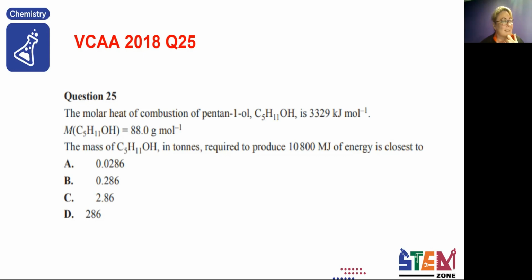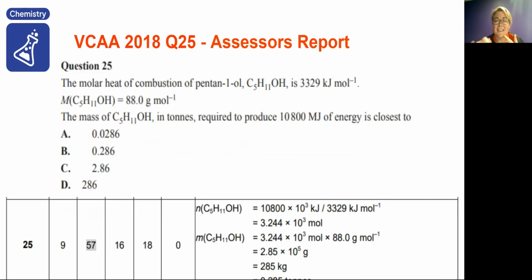All right, so let's have a look at the answers. So down here, we have 10,800 times 10 to the 3 kilojoules, because this is in megajoules. Remember, you need to be able to convert your units really easily. So we can make that value, megajoules into kilojoules, divided by 3,329 kilojoules, because that's how much energy is in 1 mole.